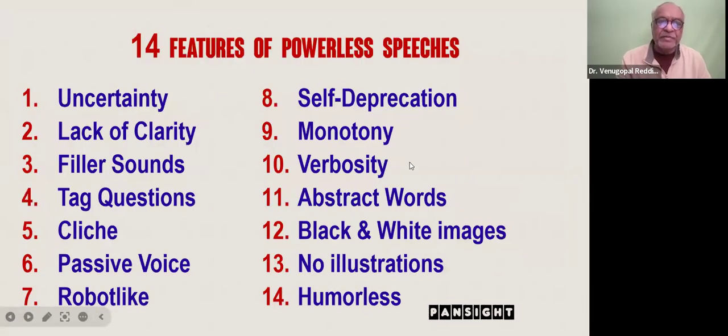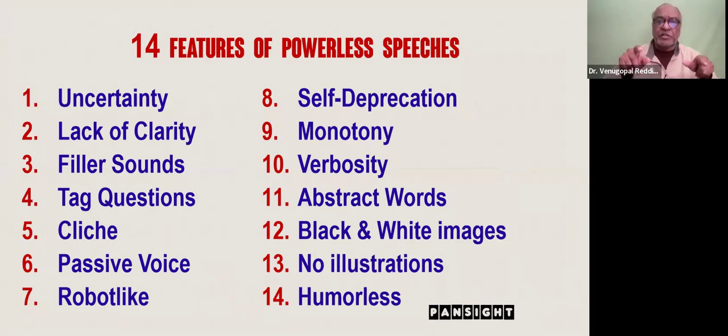Fourteen features of powerless speech. One, uncertainty. Two, lack of clarity. Three, filler sounds, like "I know, you know."